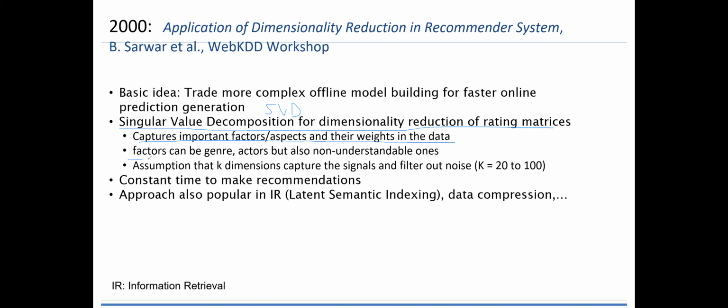And what are the important factors? The factors can be anything. For example, we can look at genre, or maybe actors, or directors, or music, or maybe the location where the movie was taken.